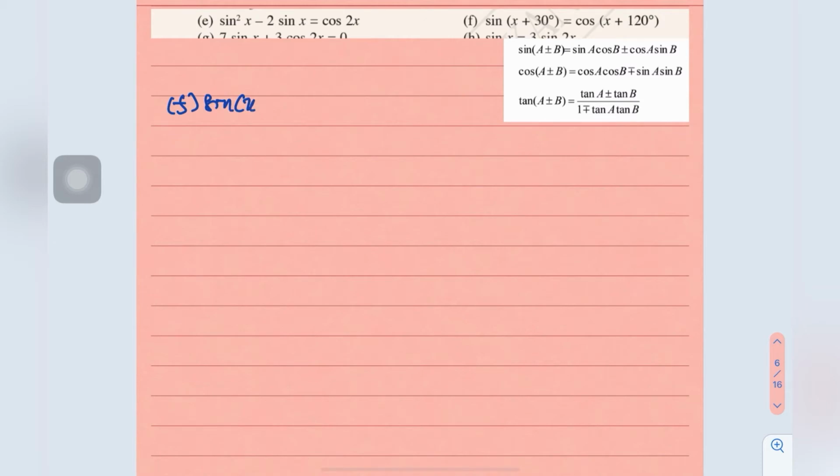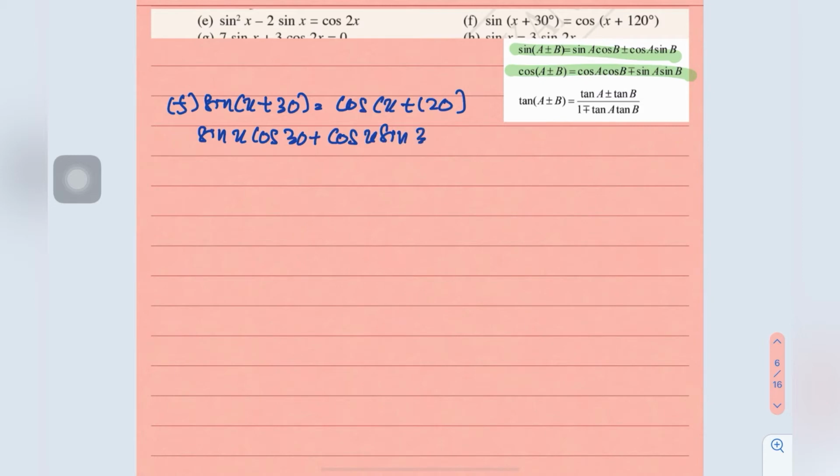Question F. sin(x + 30) = cos(x + 120). By using the addition formula for sine and cos, we expand. sin(x + 30) is sin x cos 30 + cos x sin 30, equals cos(x + 120), which is cos x cos 120 − sin x sin 120.